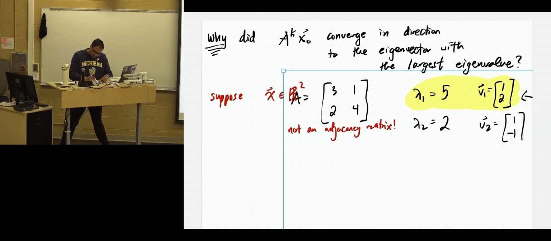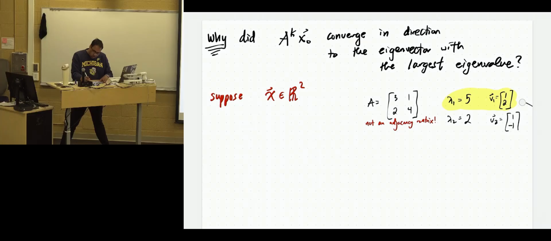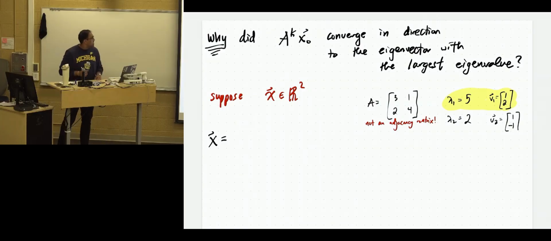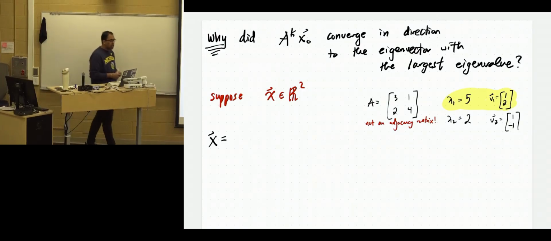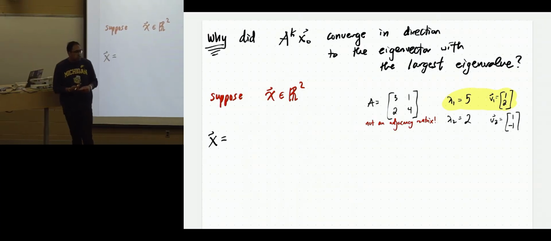Let me make this smaller. It turns out I can write x as a linear combination of something. What can I write x as a linear combination of? What am I getting at here?